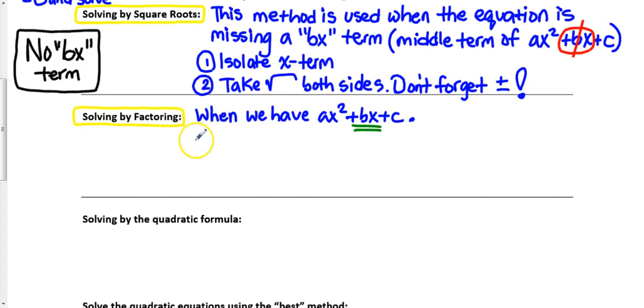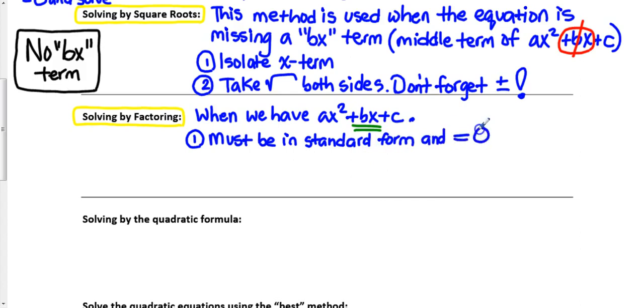So let's go over our steps. 1, must be in standard form and set equal to 0. Step 2 depends. Remember, we have two situations. We have a equals 1.